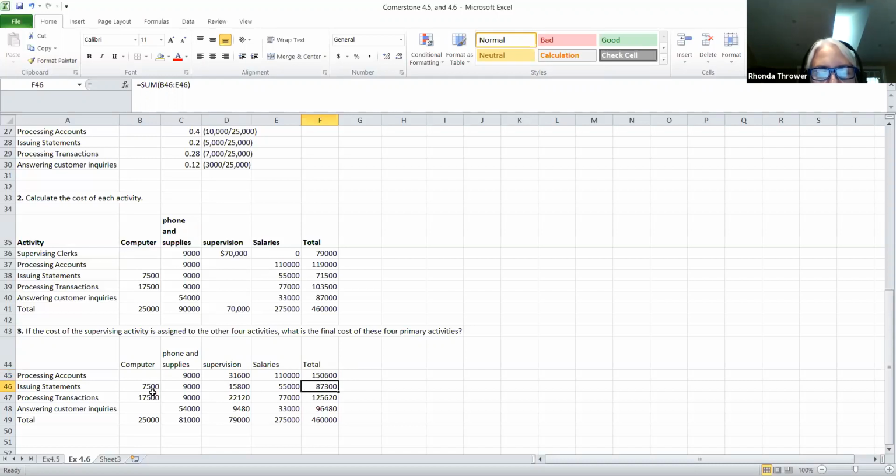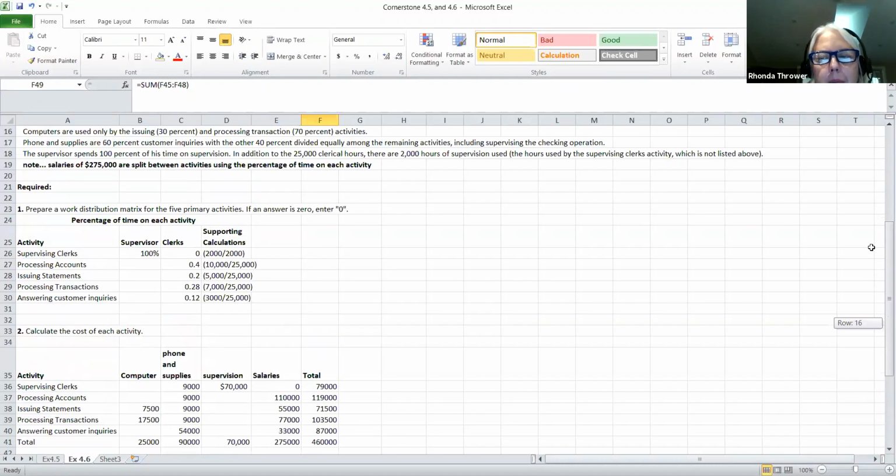For issuing statements, they also use the computer plus phone and supplies plus supervision plus their salaries. So you're just adding across, and then when you get through, add these down. It should equal up to 460,000 again as a check, and these straight across will also equal 460,000.